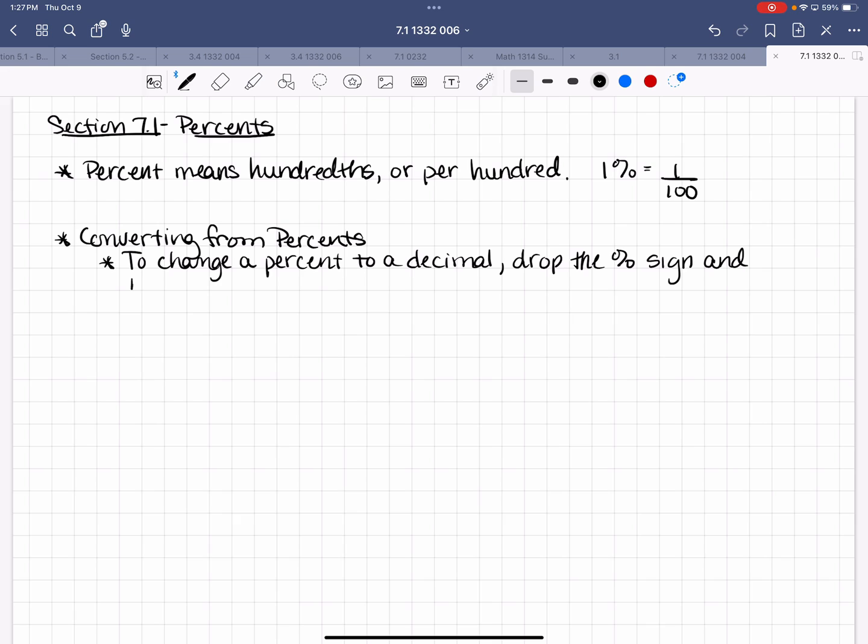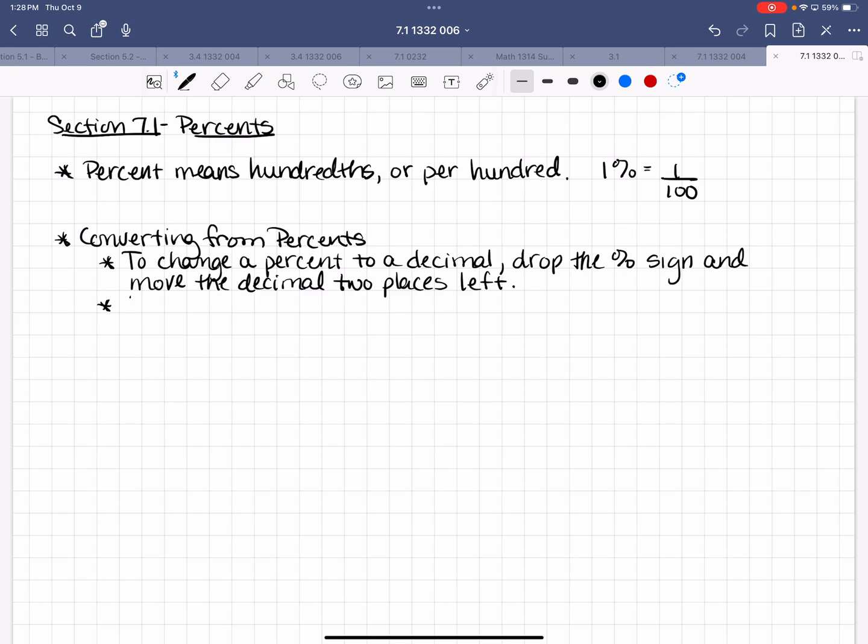Y'all remember what we did with that decimal? Drop the percent sign, move the decimal place 2 places to the left.